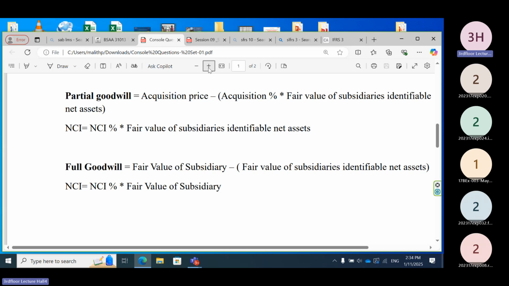Here the proportionate goodwill formula: acquisition price, consideration, acquisition percentage, fair value of the subsidiary.